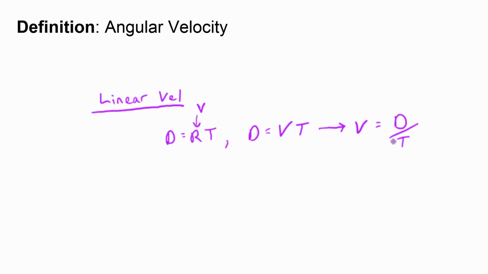Okay, so what would be a definition that would make sense for angular velocity? Picture a wheel turning about its axle. So angle measure over time: how fast is it spinning per unit of time?